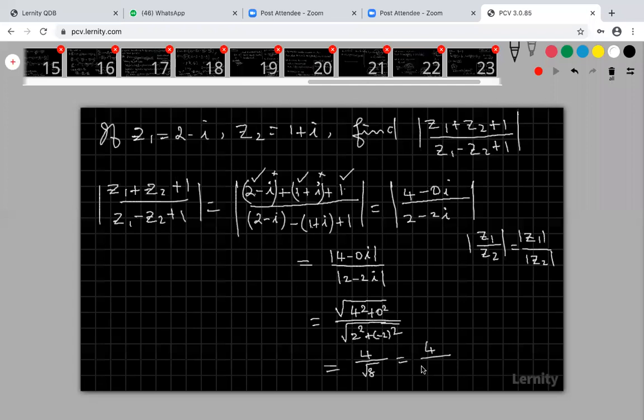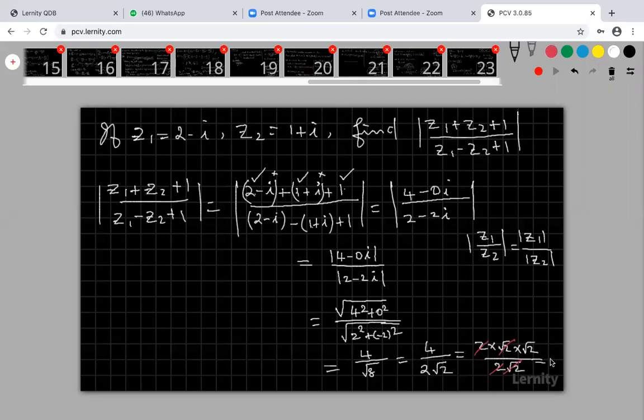My root 8 can be written as 2 root 2. And this 4 can also be written as 2 into root 2 into root 2. If I cancel 2 root 2 with 2 root 2, my final answer is root 2.